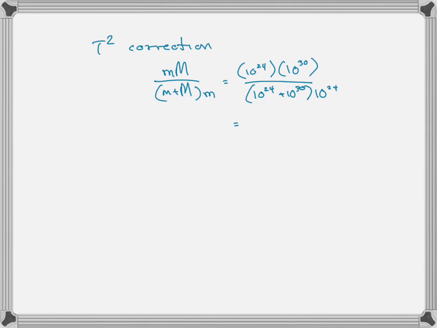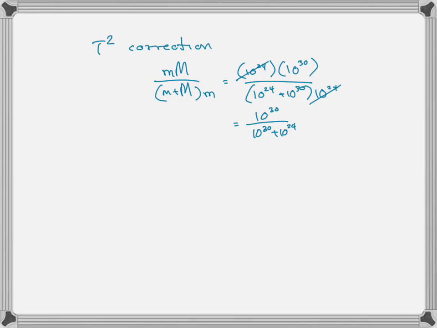So without even plugging in the 5.972 times 10 to the 24th, and the mass of the sun, 1.989 times 10 to the 30th, just looking at the factors of 10, I'm going to cancel 10 to the 24th, and what we get is on the order of 10 to the 30th over 10 to the 30th plus 10 to the 24th. You can see that if the mass of the Earth was 0 compared to the mass of the sun, the correction would be 1.